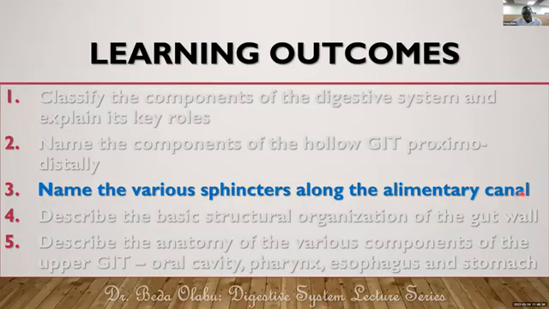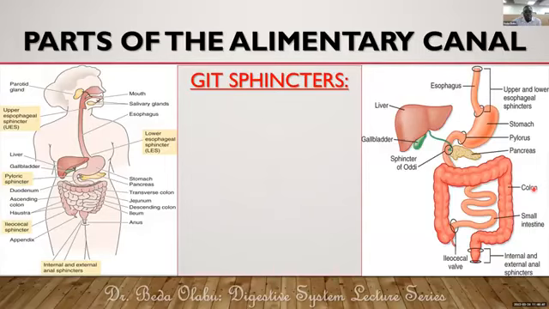Now let's mention the different sphincters which are along the wall of the alimentary canal. So remember, sphincters are sites of constriction, and basically they tend to limit movement of food particles from one segment to another.